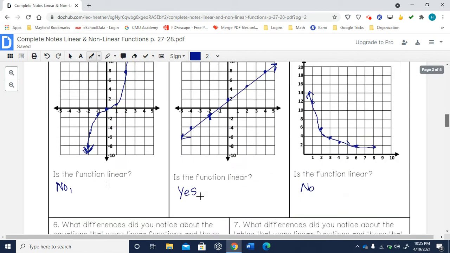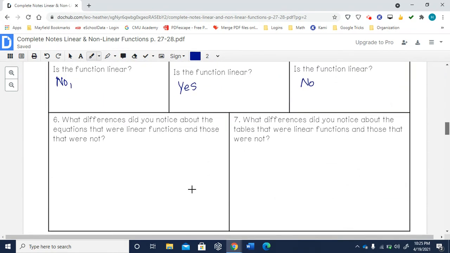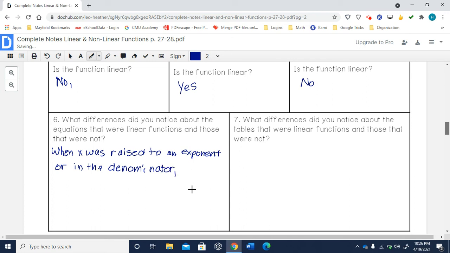So when x was raised to an exponent, or in the denominator, because that's using fraction terms, the equation was nonlinear.